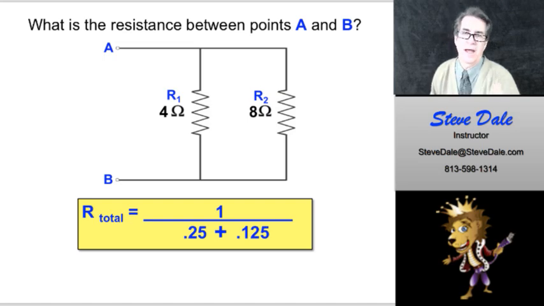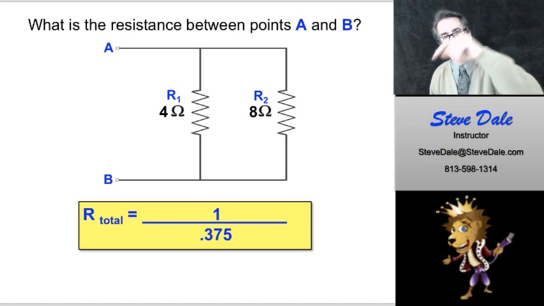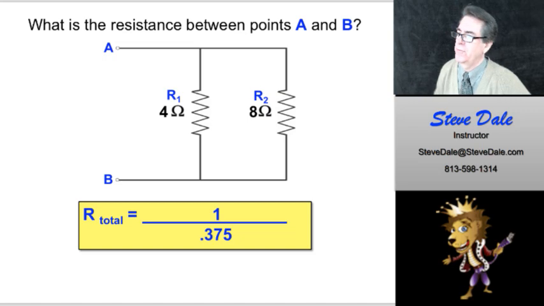If they're equal, it's easy: you just divide the value of the resistor by the number of resistors. If it's not equal, you have to do the formula. So 0.25 plus 0.125 gives you 0.375. Now you have to divide that into 1, so it's 1 divided by 0.375.